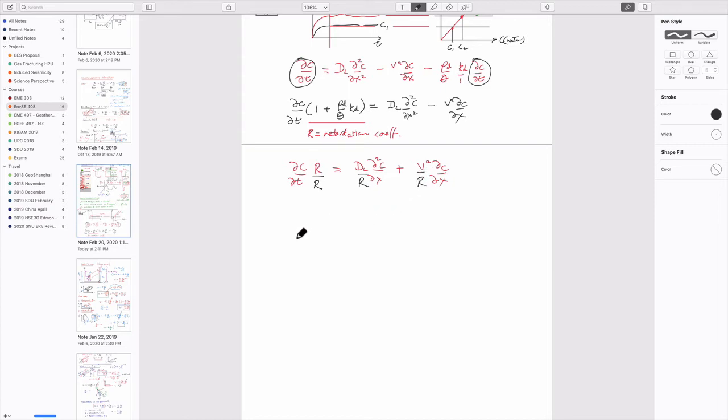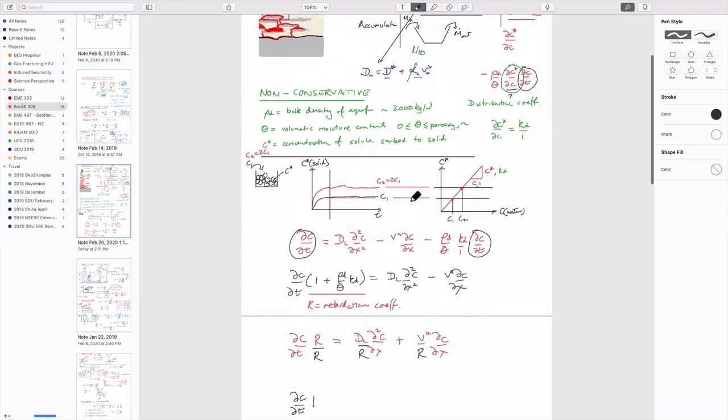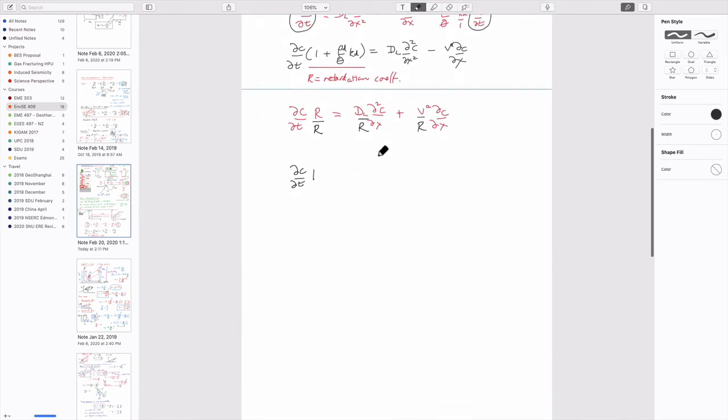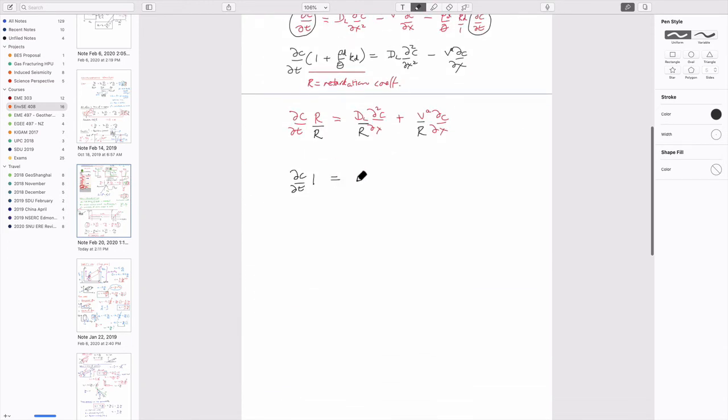And now we have an expression that is this times 1, exactly as we had before, right? We made this point that this is just 1. And it has these modified coefficients. Instead of being just the dispersion magnitude, it's the dispersion magnitude divided by this retardation magnitude.